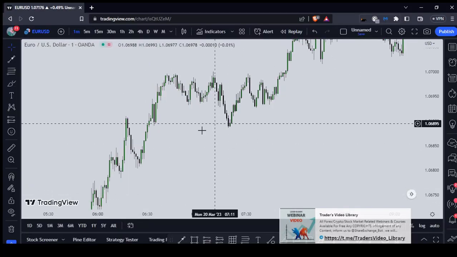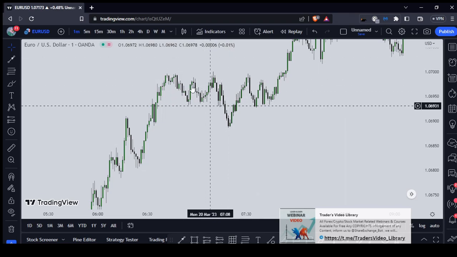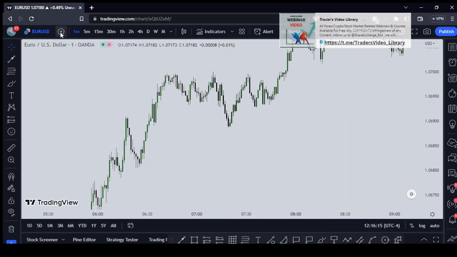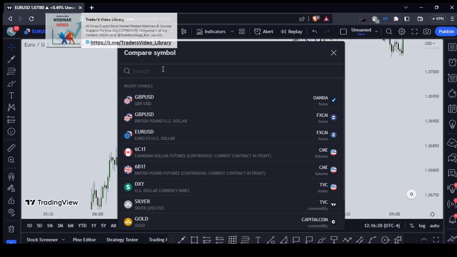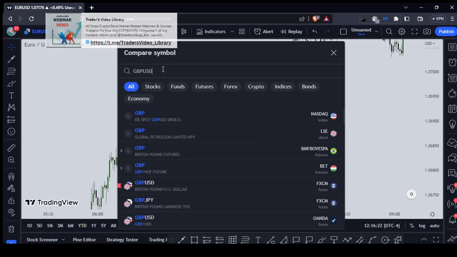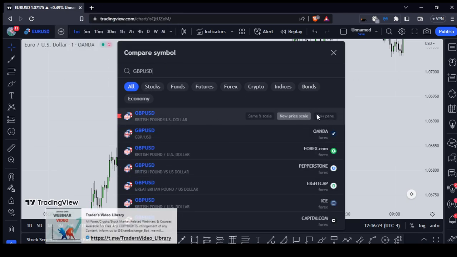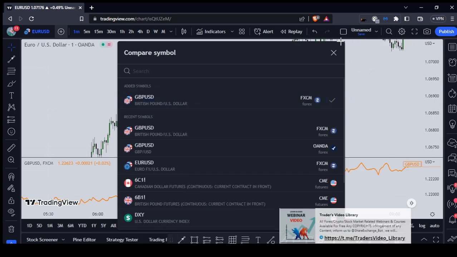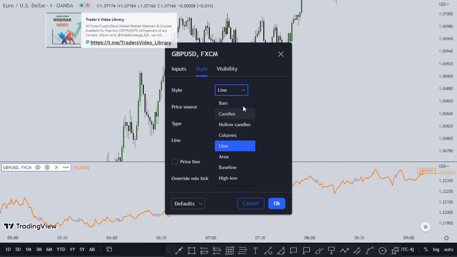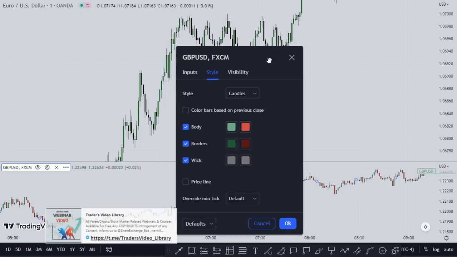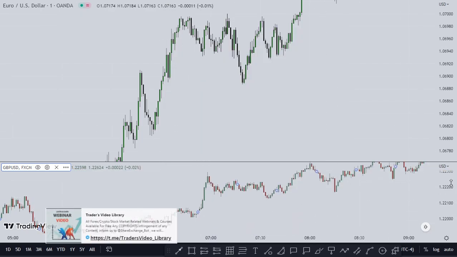To compare the charts, click this plus button right here, then search for GBP USD or dollar index and click on this new panel right here. It will make the new panel at the bottom of the chart. Click on settings. You can use the line, but I prefer to use candles, so we'll go with candles right now.